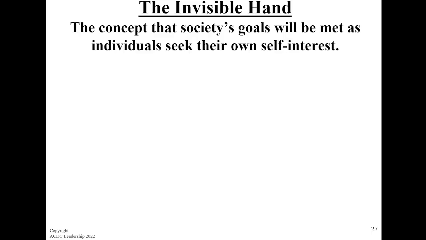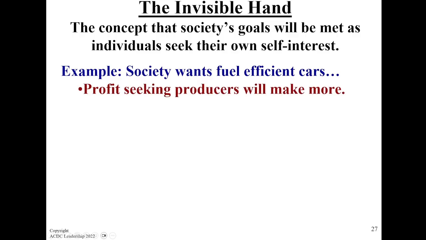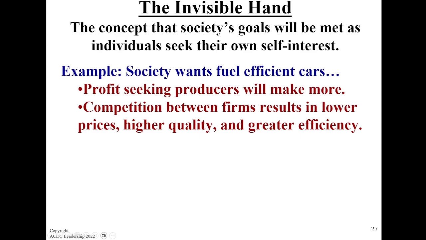And even if there's, for example, a deficit in the market, there'll be an invisible hand to essentially move it back to the regular economy. So, society wants fuel-efficient cars. Profit-seeking producers will make more since consumers will be buying them, meaning that competition between firms results in lower prices, higher quality, and greater efficiency.